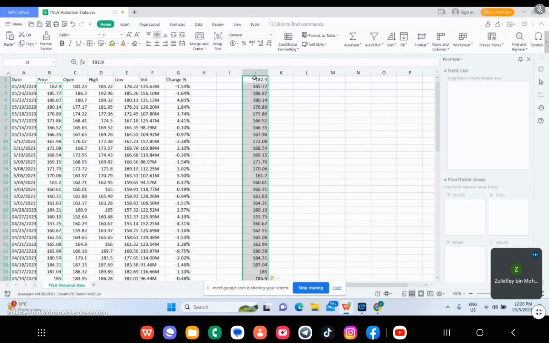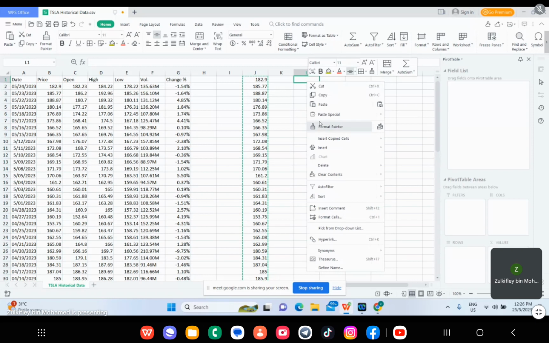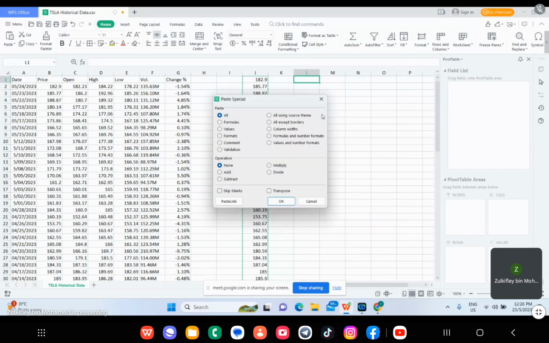You letak dekat sini. You copy, Ctrl C, then you paste special, transpose. Kalau kita transpose apa jadi? Tak perlu awak carilah macam mana.